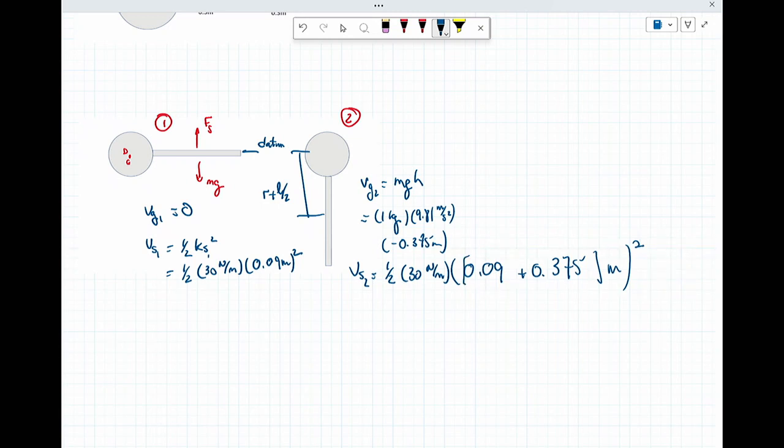So now I have the change in potential due to the spring, and again, it's all bookkeeping.